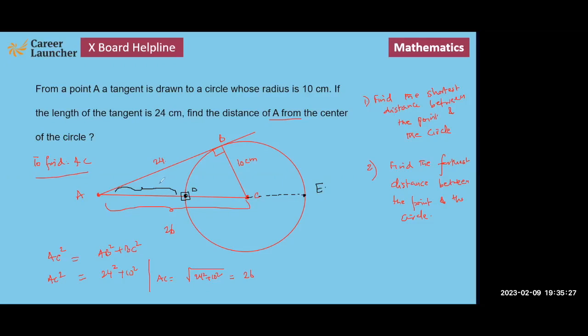AC, आपको AC तो मिल गया, AC minus 10, which is equal to 16. और ये जो AE का वैल्यू क्या होगा? AE is equal to AC plus 10, that's equal to 36. So इसका जो आंसर है 16 है, इसका जो आंसर है 36 है. Chalo, let's go to the next question.